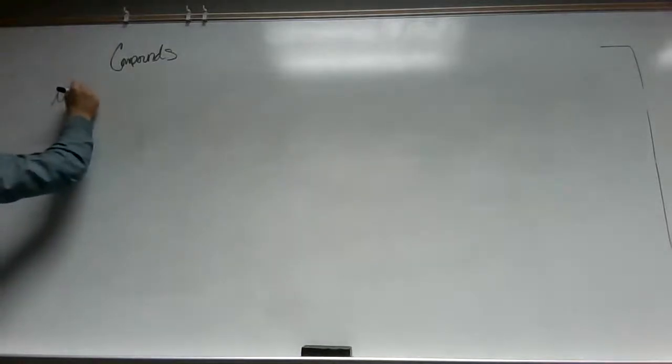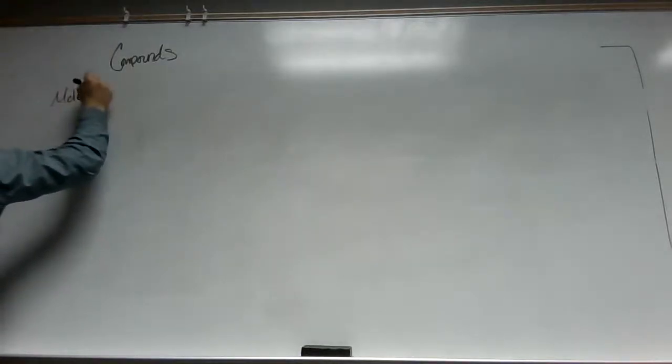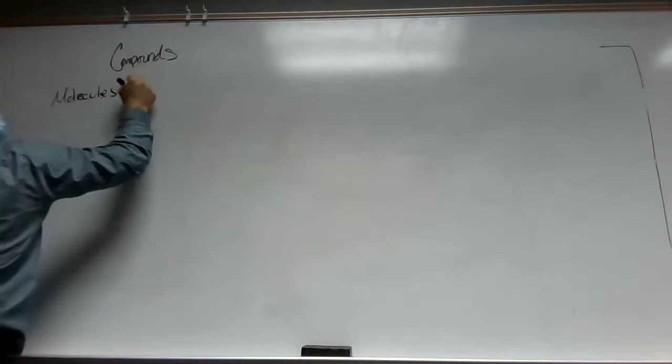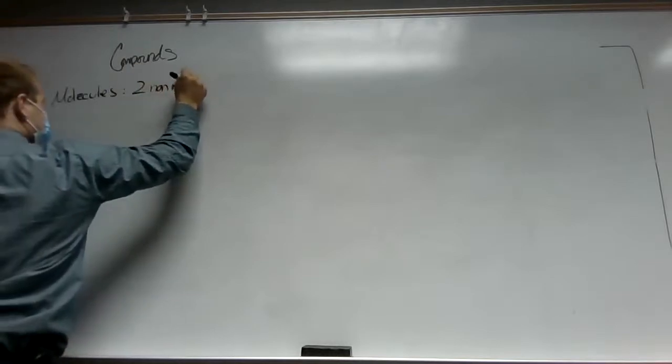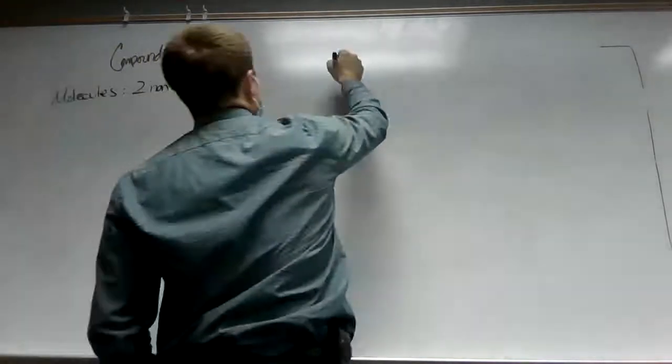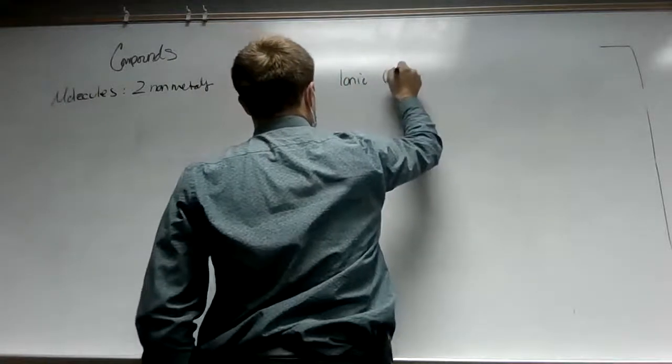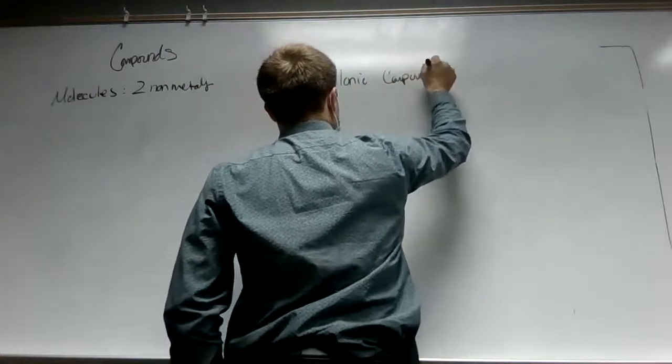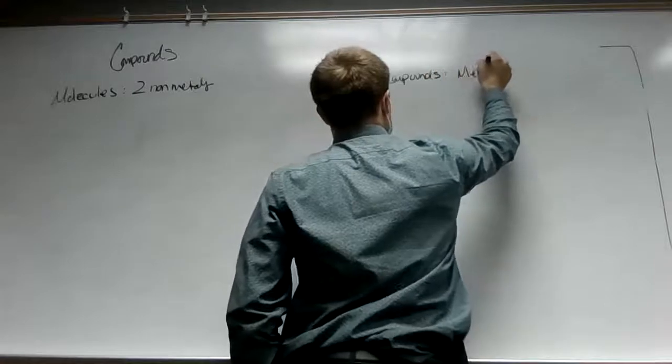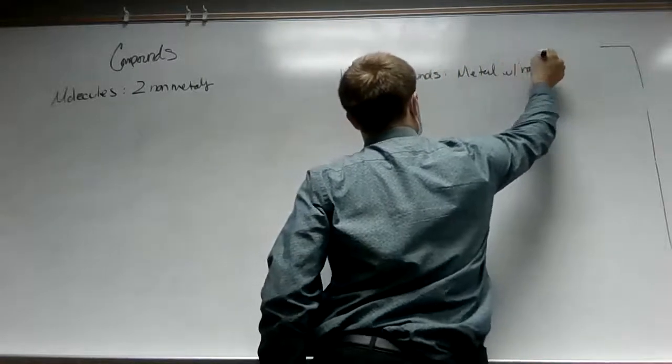A molecule is going to be two nonmetals, and an ionic compound will be a metal with a nonmetal.